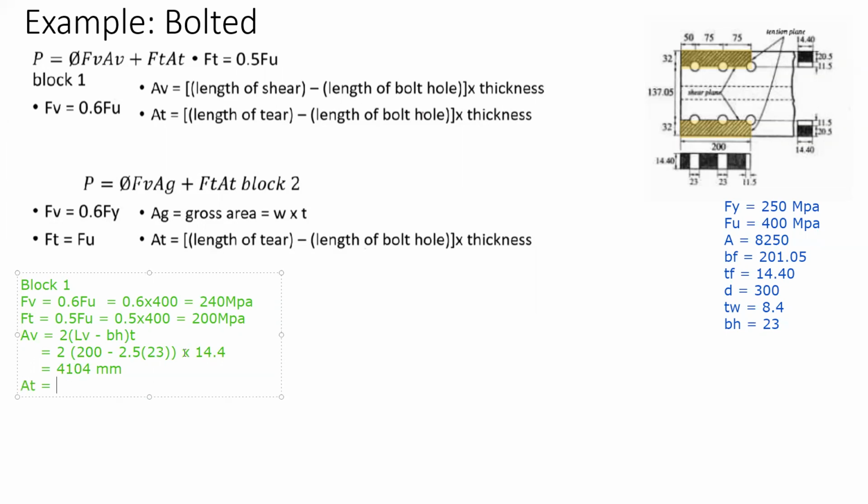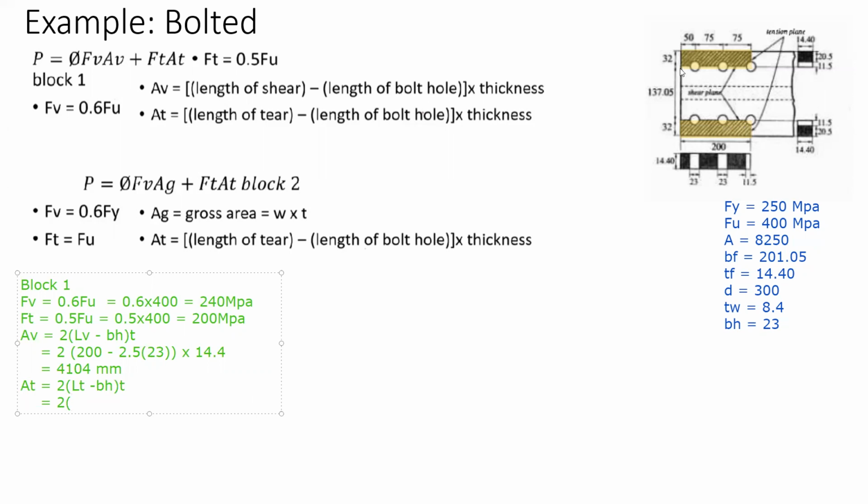Next, let's solve for At. At is the area of tear. And dahil meron tayong tearing sa taas at tearing sa baba, we multiply it by 2. So that is 2 times the length of tear, let's call that Lt, minus the bolt hole, times the thickness. Ang length of tear natin is from here to there.